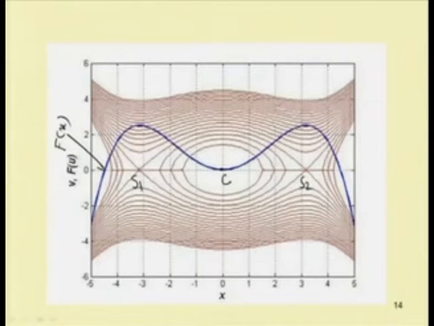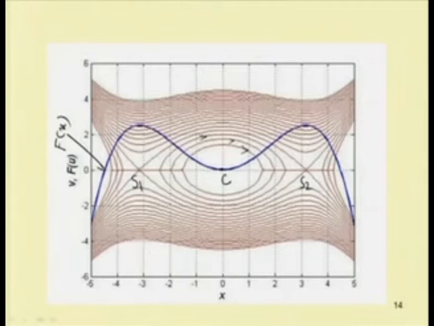So, between these two saddle points we have the periodic response. You can observe that the response is periodic here because it repeats. Similarly, here the response is periodic, and here the response is periodic, and these separatrices, which connect S1 and S2, separate this periodic response from other types of response.